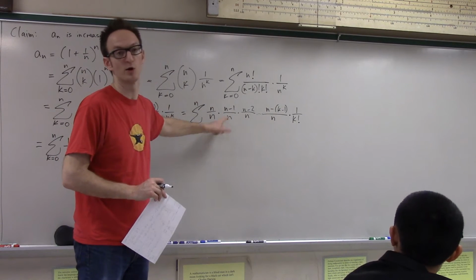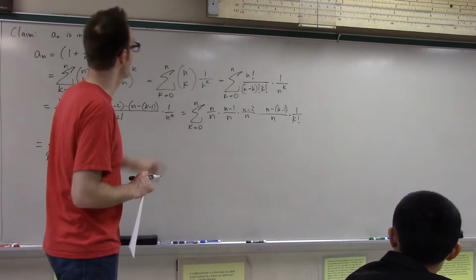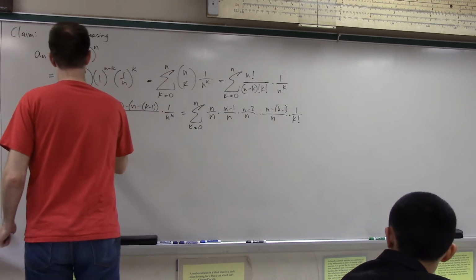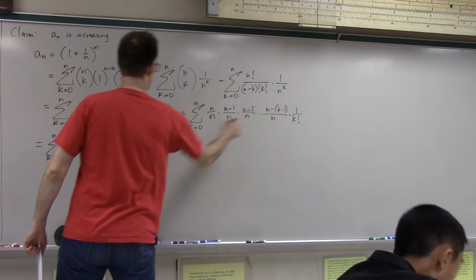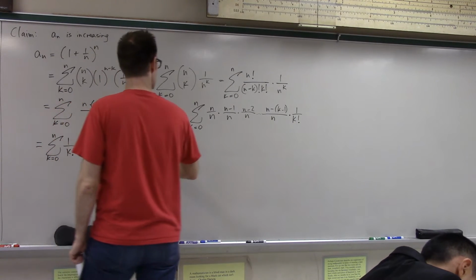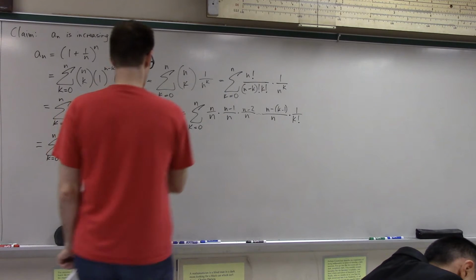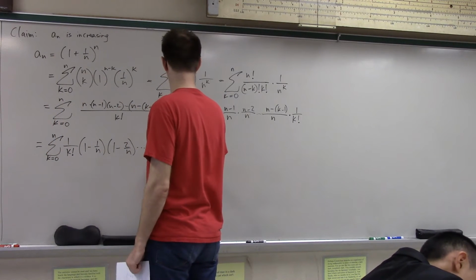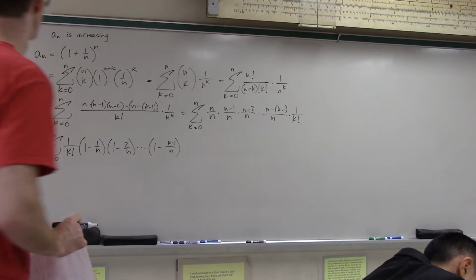The n over n just dies, that's just 1. n minus 1 over n can be rewritten as 1 minus 1 over n. This one is 1 minus 2 over n, all the way to the last one, which is 1 minus k minus 1 over n.